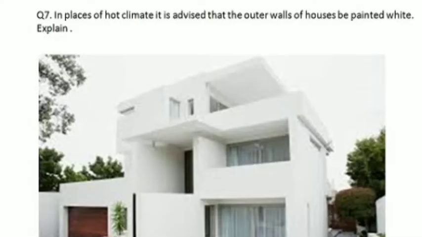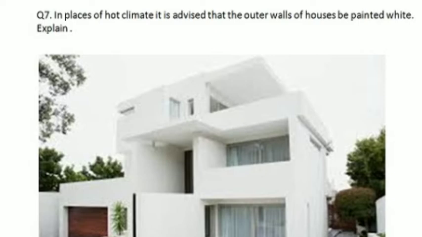Question number 7. In places of hot climate, it is advised that the outer walls of houses be painted white. Explain. Because in hot climate, we do not want the inside of the house to be very hot.